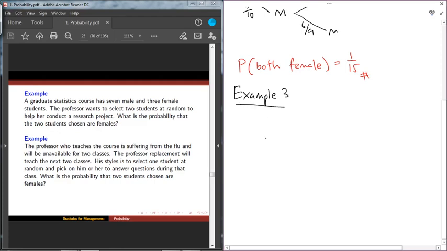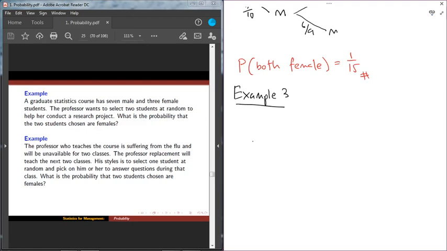Example 3. Now if you read this, the professor who teaches the course is suffering from the flu and is unavailable for the two classes. He cannot attend the two classes. The professor replacement will teach the next two classes. Somebody will come and replace the professor.